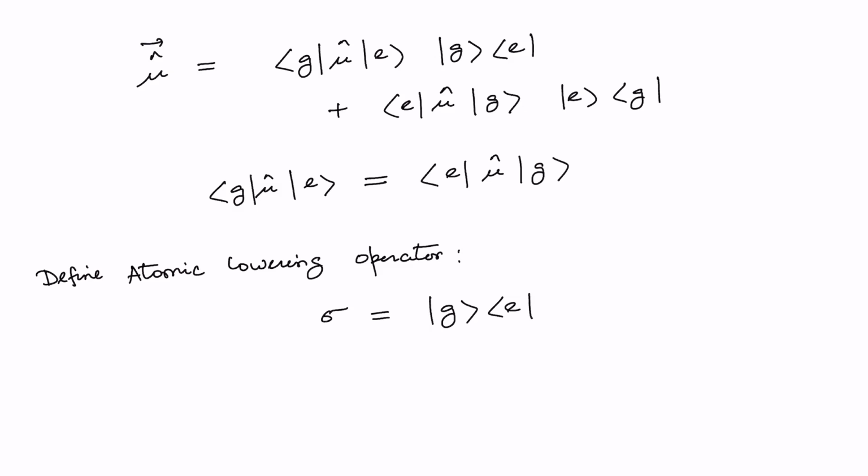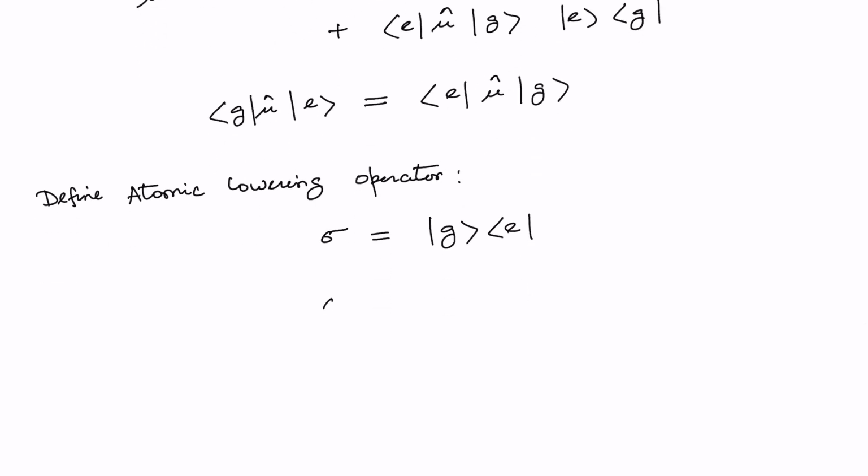As you can see, if this operator operates on some state, it is going to take it to the ground state. That's the reason it is called the atomic lowering operator. And the corresponding atomic raising operator would be σ†. Don't confuse it with the Pauli matrix, by the way. It is not a Pauli matrix. It is an atomic lowering operator σ and the atomic raising operator σ†, which is |e⟩⟨g|.